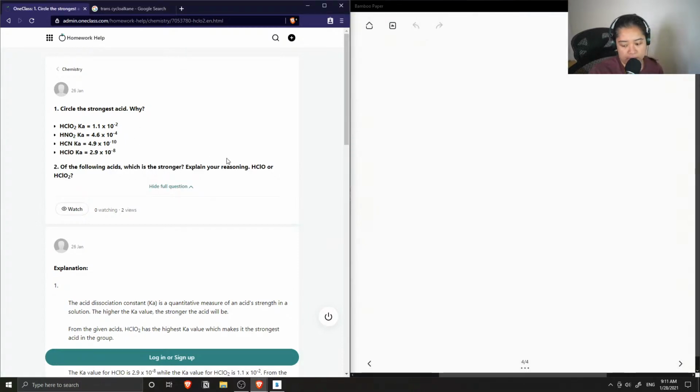Okay, so question number 4. Circle the strongest acid and why. So they have a variety of different acids, and they also include the Ka values. So let's recall the definition of Ka.